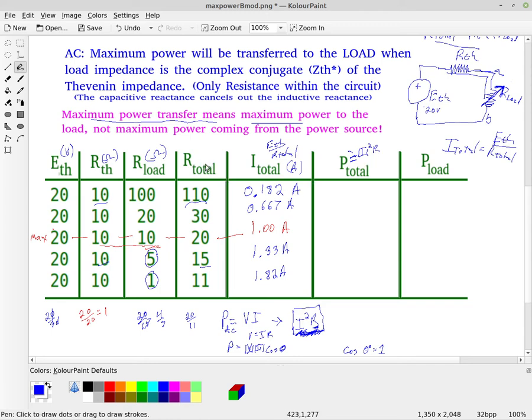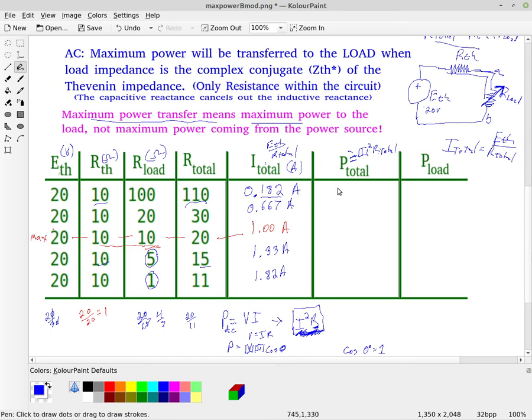So if I'm looking for total power by the supply, this is the total power that this voltage source has to dish out. Okay, so total power is equal to I squared times R. So if we look here, we take I, square that, and multiply it times the total resistance, I squared times R total, for total power.